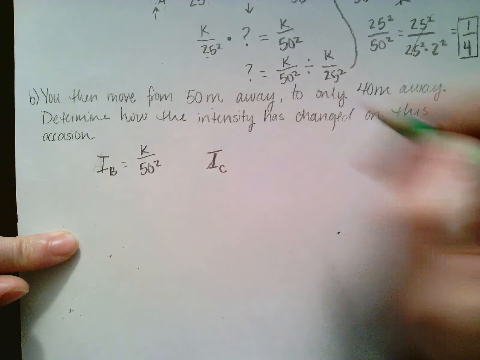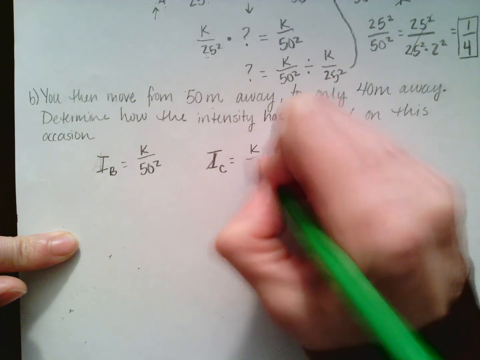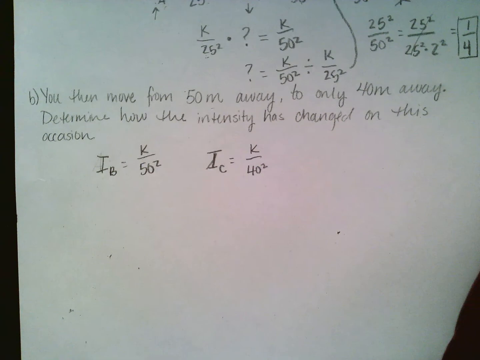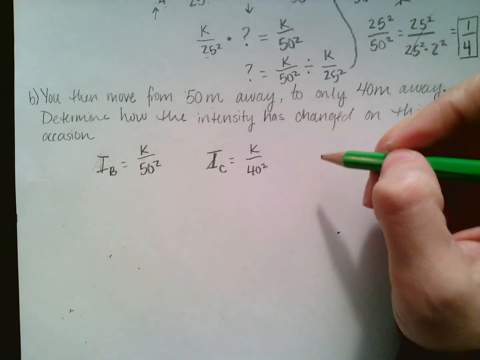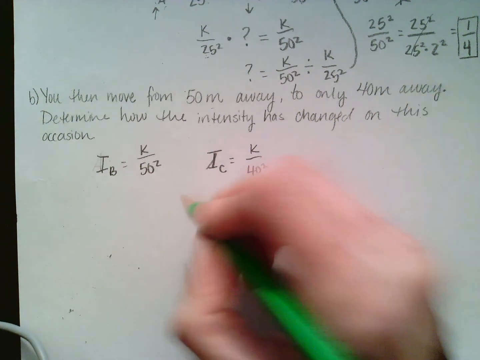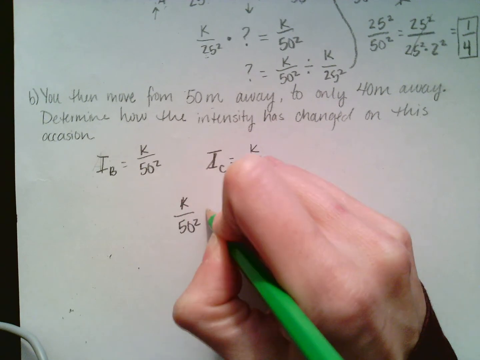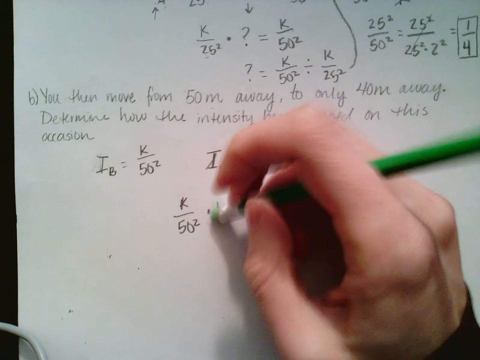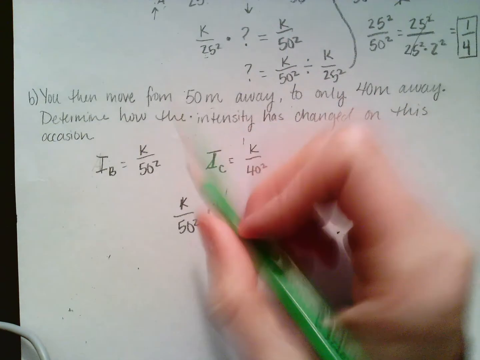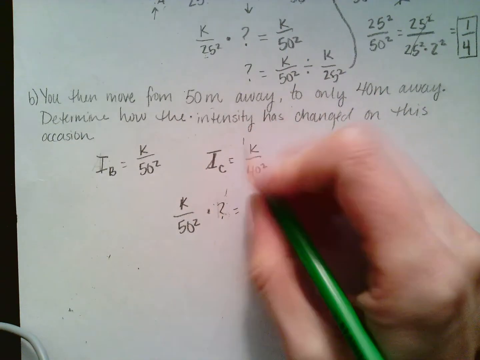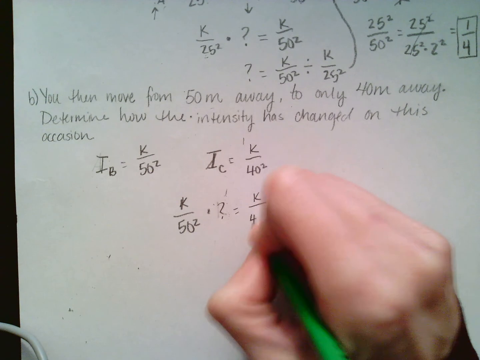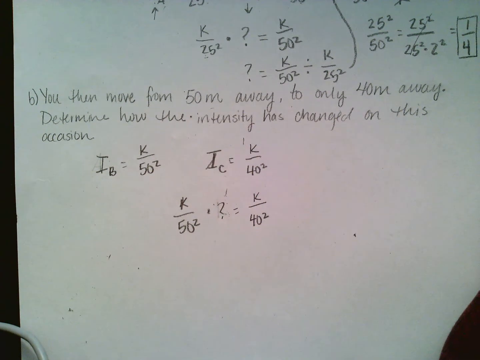I sub C equals K over 40 squared. Determine how the intensity has changed on this occasion. We're doing the exact same thing. We started with this intensity, we multiplied it by an unknown, and we get a new intensity.